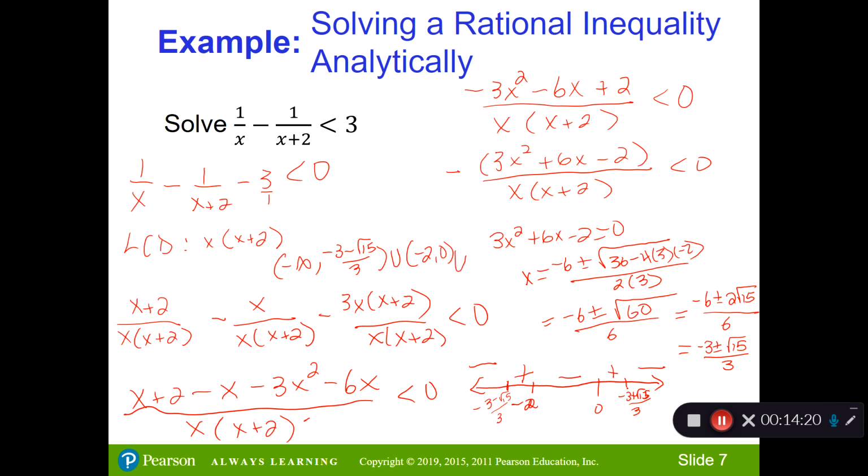And then again from negative 3 plus root 15 over 3 to infinity. And I'm going to have parentheses around everything because there's no equal here. And if there were, I'd still need to exclude the zeros that came from the denominator.